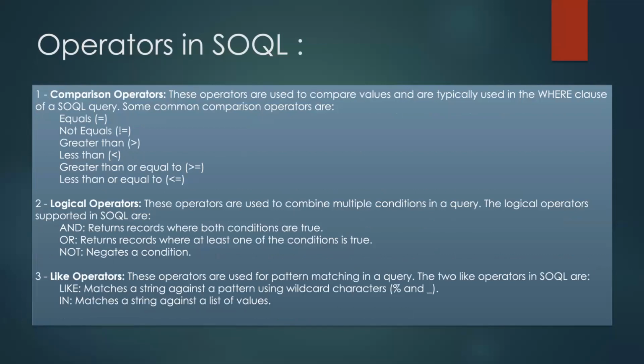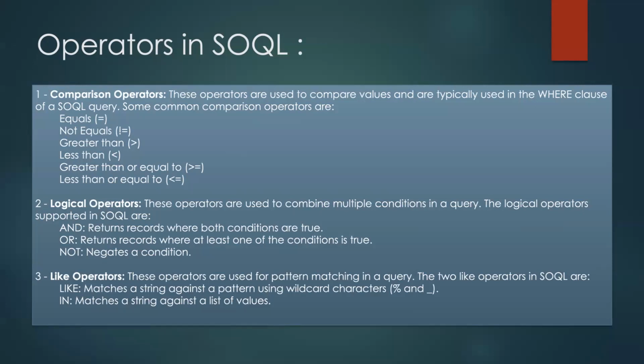Then we have operators in Salesforce SOQL queries. Operators are used within your queries to do your conditioning better, to make sure that you are able to filter the data properly. There are basically 3 types of operators.